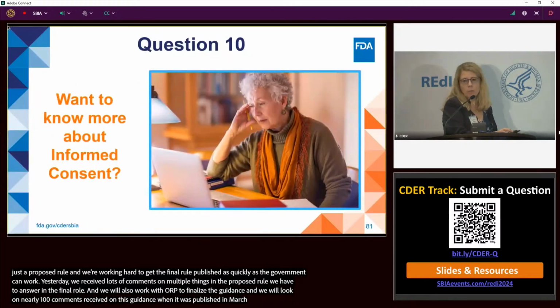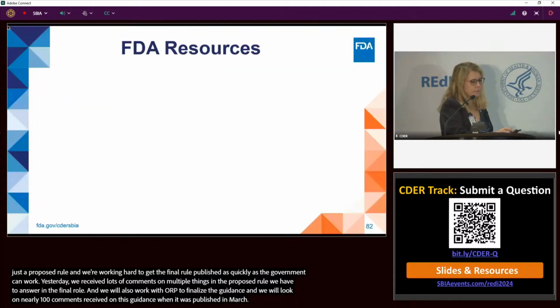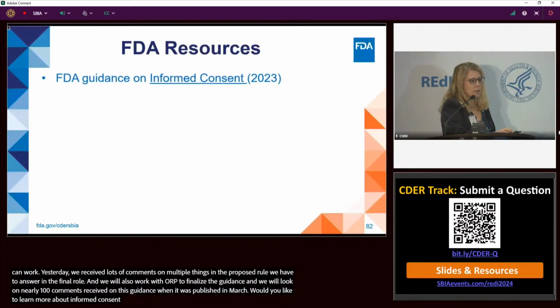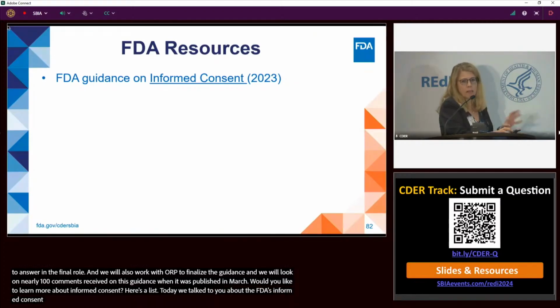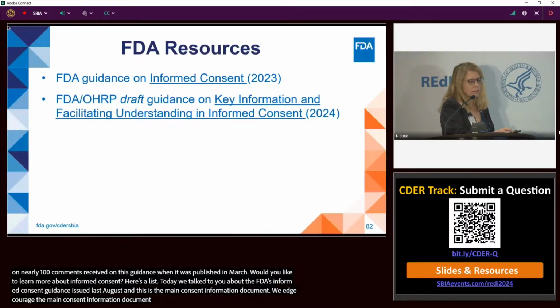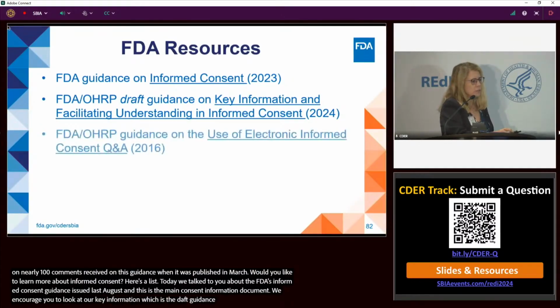Would you like to know more about informed consent? Here's a list on the slide with hyperlinks for the FDA resources. Today, we talked to you about the FDA's informed consent guidance that was issued last August, and this is the main consent information document. We also encourage you to look at our key information and facilitating understanding in consent, which was the draft guidance we just published in March.